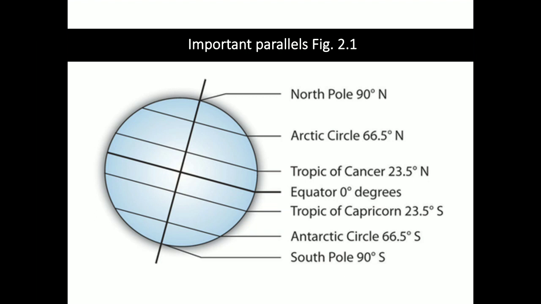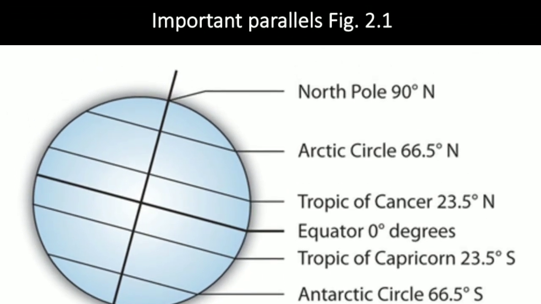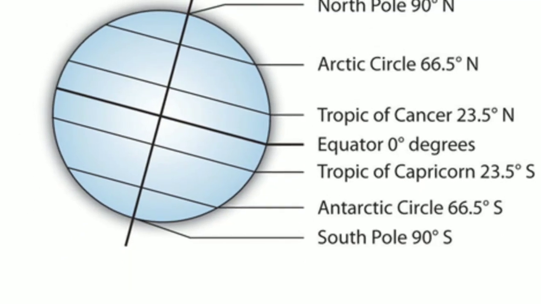Just have a look. So North Pole is at 90 degree, South Pole is at 90 degree south. Can you see the line after the equator? That is the Tropic of Cancer, and the degree is 23.5 degree north. Then the Arctic Circle, and the degree is 66.5 degree north.